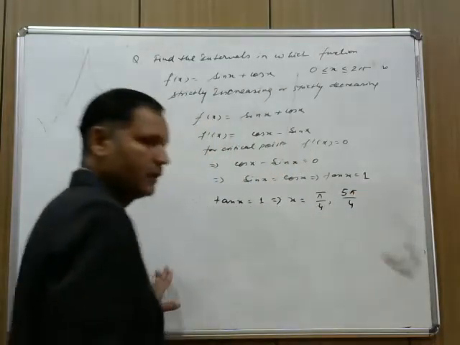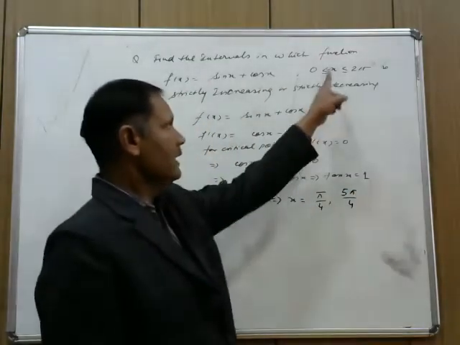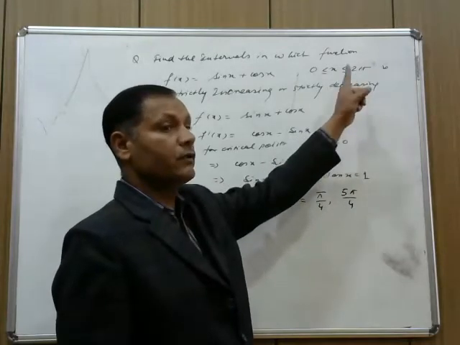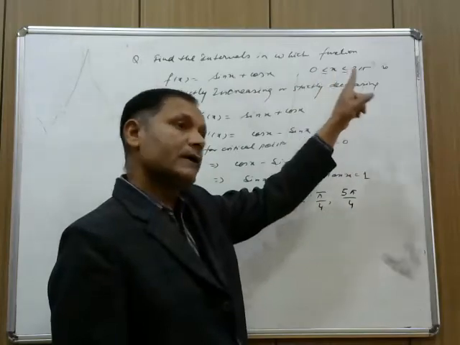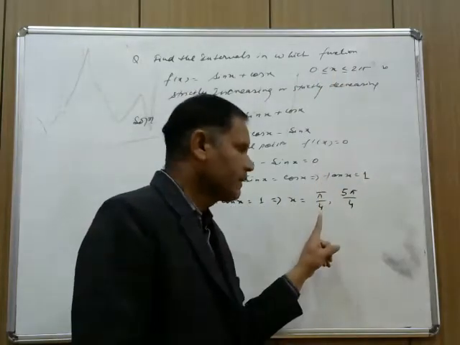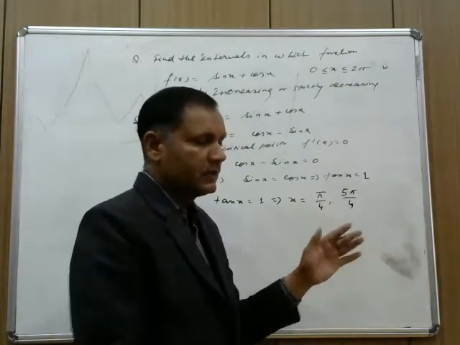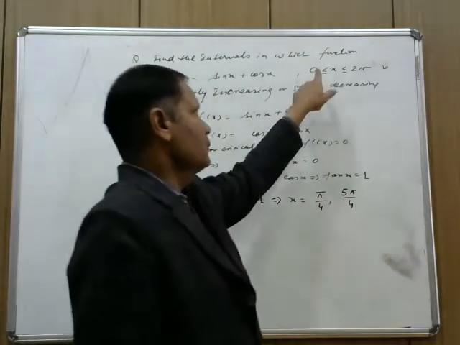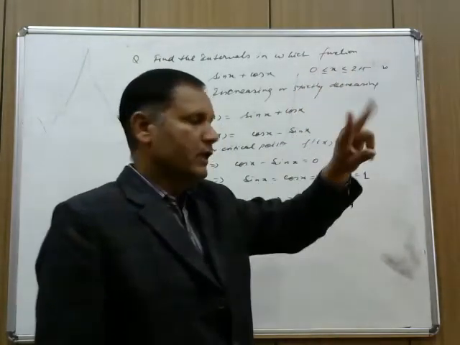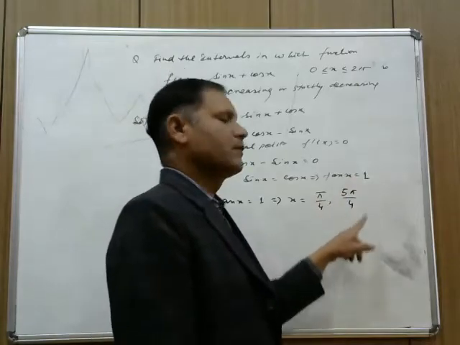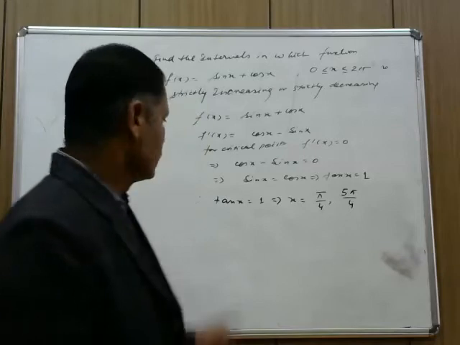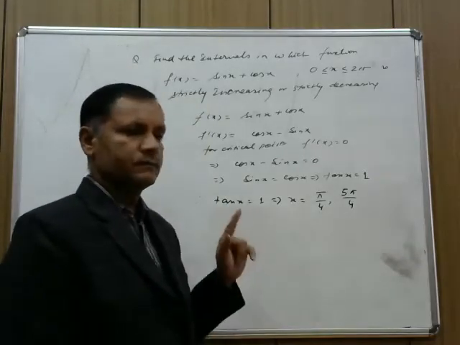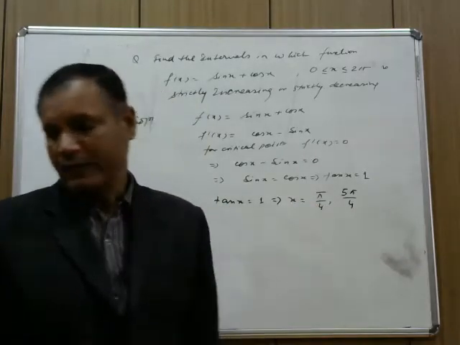There are two places because x lies between 0 to 2 pi. If it had been given that x lies between 0 to pi by 2, then certainly I would have taken only one value. But here the interval span is 0 to 2 pi, that's why there will be two values. One will be pi by 4 and another will be 5 pi by 4. Right? Now see the interval which we have.